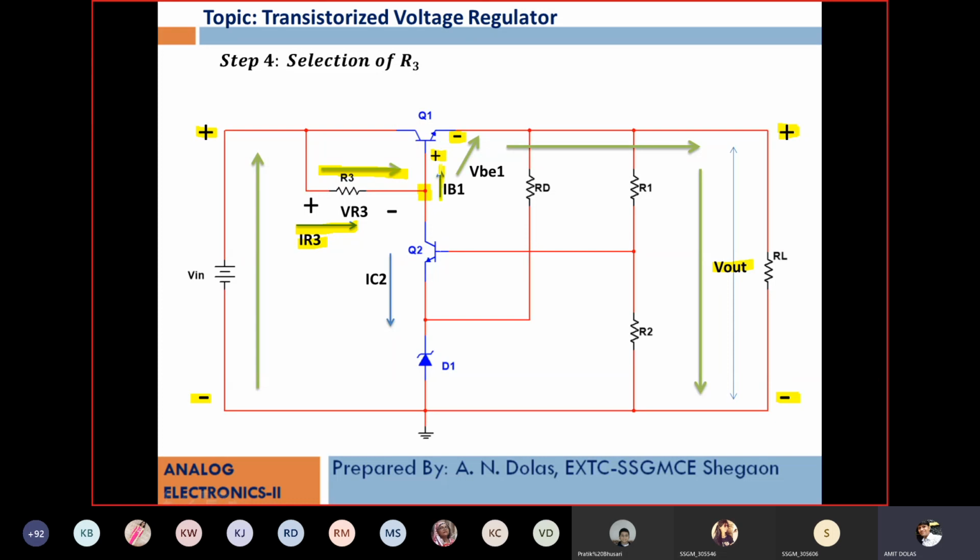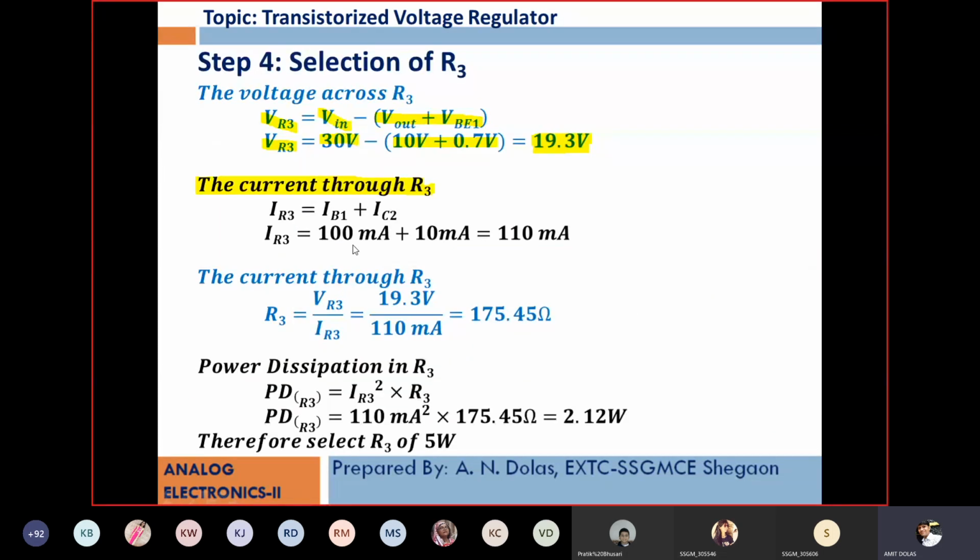One of the current is moving into the base of transistor Q1, another current is moving into the collector of transistor Q2. So applying KCL, IR3 is equal to IB1 plus IC2.